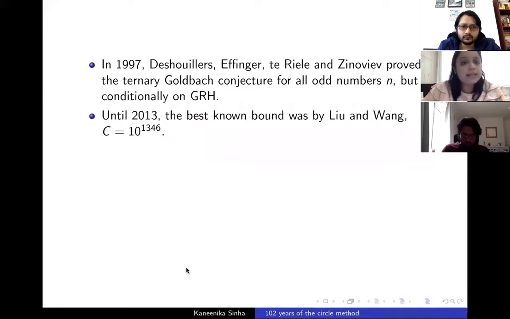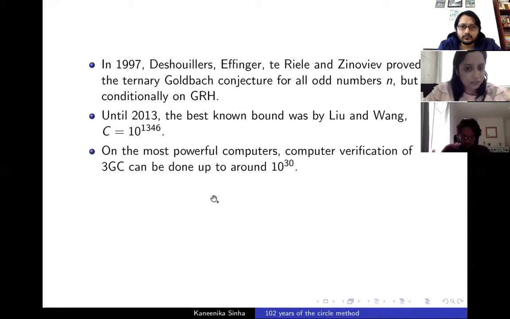Now, one immediate question that comes to mind is: if your theorem is telling you that something is true for n greater than or equal to this c, can we quickly verify the theorem for all odd n strictly less than this c? And this requires a lot of computational power.